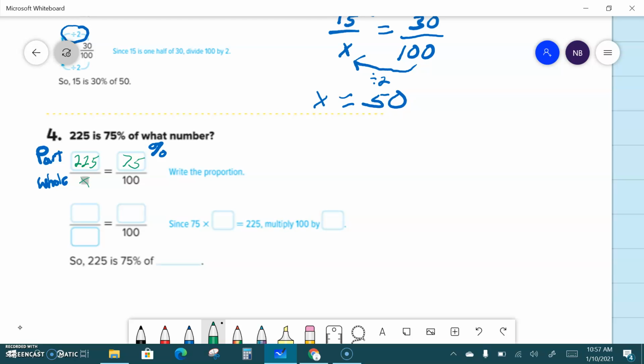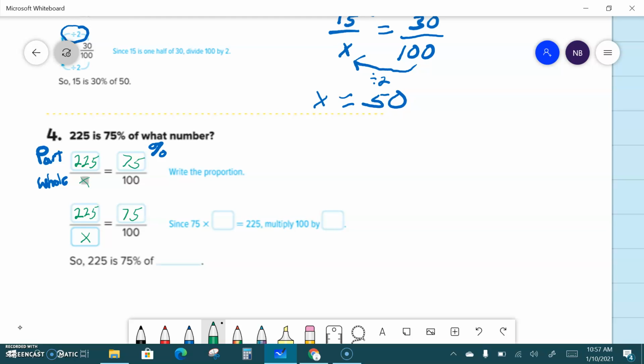Okay. All right, so let's clear this up again. So we have 225 equals 75. And this is our X. Okay. Since 75 times blank equals 225, multiply 100 by that.